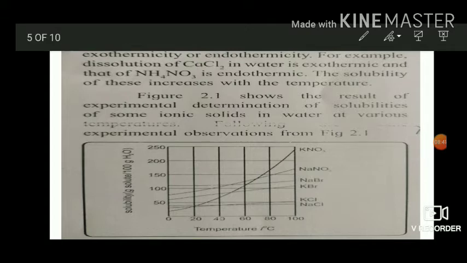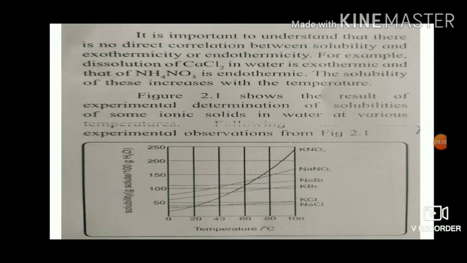In exothermic and endothermic reactions, the temperature factor varies. Therefore, we see the experimental observation of some ionic salts.